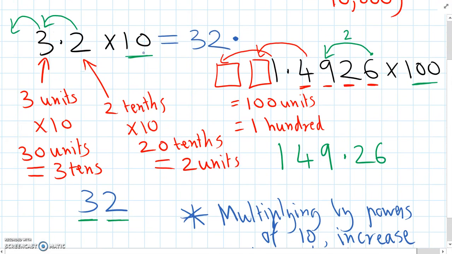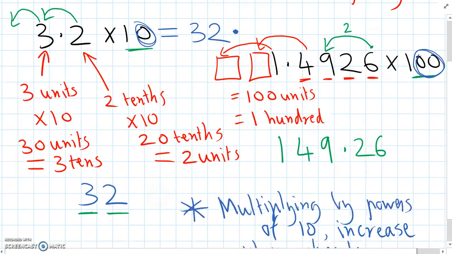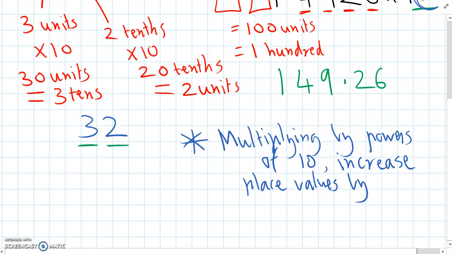Because multiplying by 10, we moved up by 1 place value, and multiplying by 100, we moved up by 2. So we can see a pattern there. By the number of zeros.